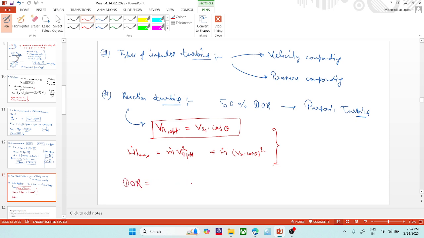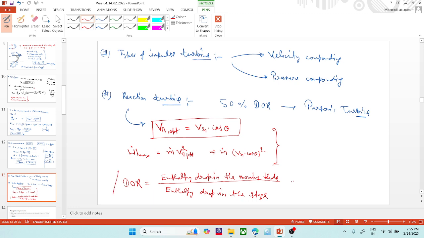Basically, this is the enthalpy drop in the moving blade divided by the enthalpy drop in the stage.